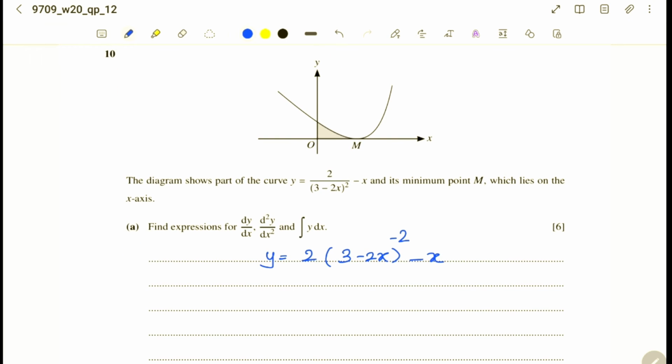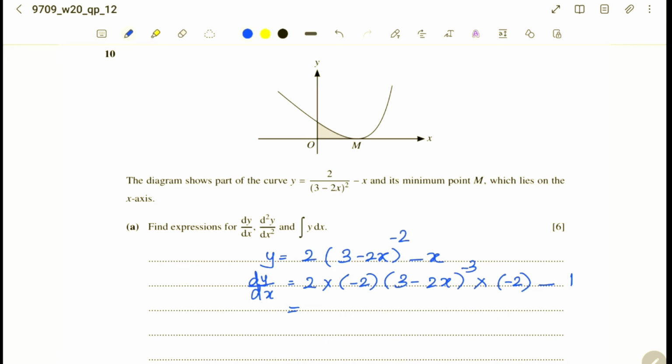Okay. First we need to find out what is dy by dx. dy by dx is 2 multiplied by the power, negative 2, multiplied by the base, 3 minus 2x, the whole power minus 2 minus 1, that is minus 3, multiplied by the coefficient of x, negative 2, minus differentiation of x is 1.